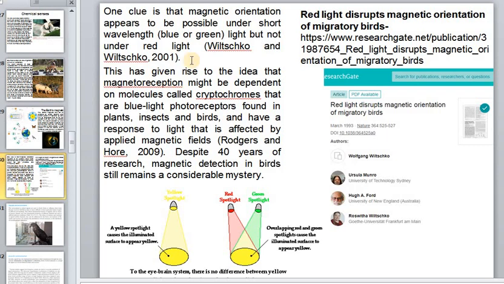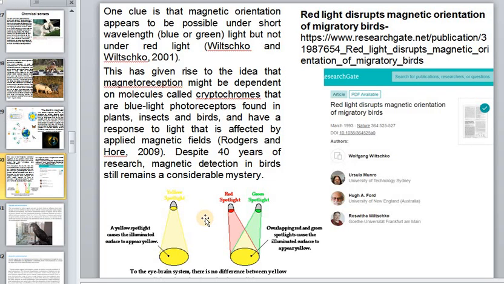But we have this with light. One clue is that magnetic orientation appears to be possible under short violet, blue or green light, but not under red light, and this has given rise to the idea that magnetoreception might be dependent on molecules called cryptochromes, which are blue light photoreceptors found in plants, insects and birds, and have a response to light that is affected by applied magnetic fields.